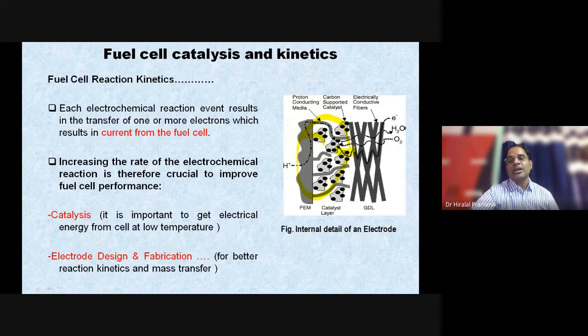If this is your electrolyte and there is a reaction at the catalyst sites, the ion must pass through the electrolyte and then come to the catalyst sites for the cathode. Similarly, for the anode, once the H plus ion forms at the anode side, it must pass through the electrolyte and then reach the cathode. As it is a cathode diagram, it is shown only for the cathode.